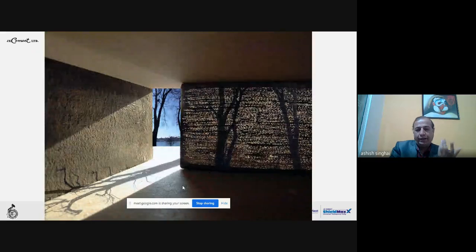Now, this picture gives you a fair idea. Almost 70, 80% of natural light is coming through. So the message from this material is that we can reduce usage of artificial lighting, at least during the daytime.